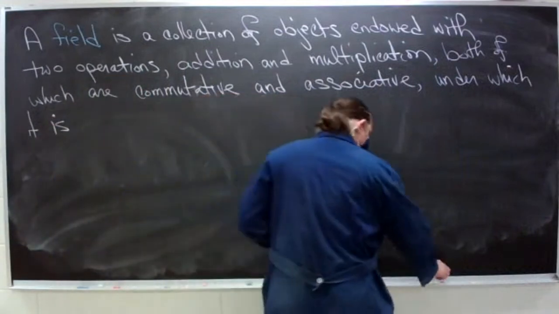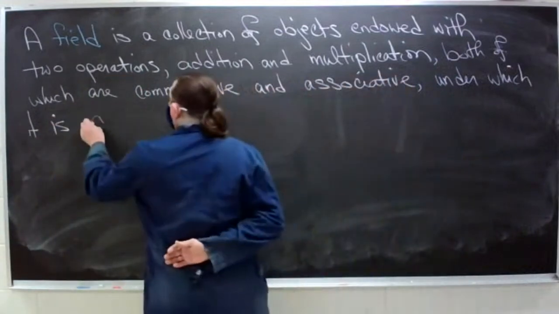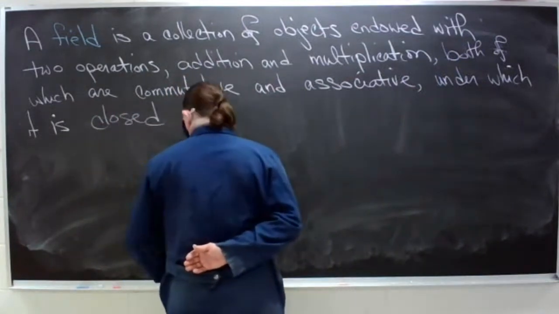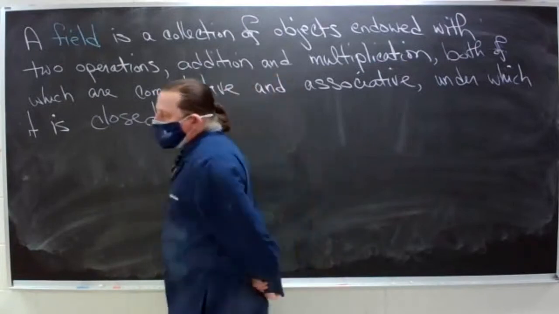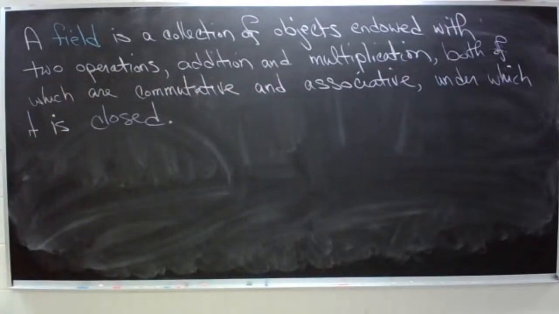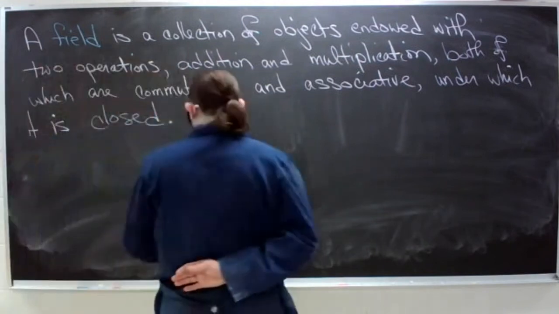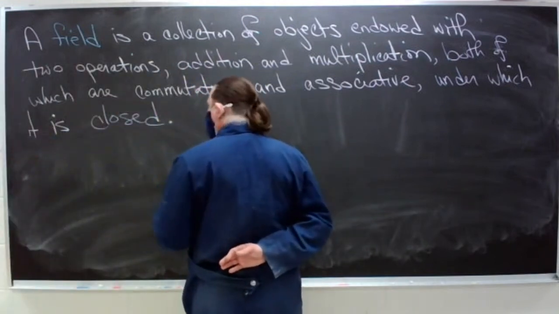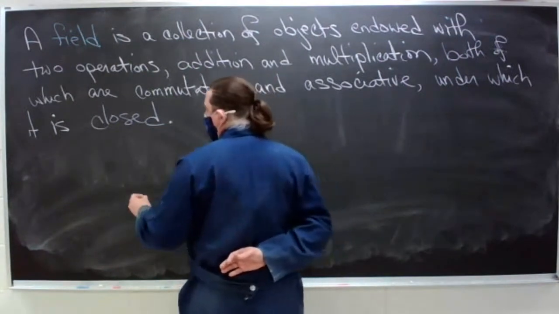And this field is going to be closed under these two operations. All right? So what does all this mean? Well, certainly we know what commutative and associative mean.